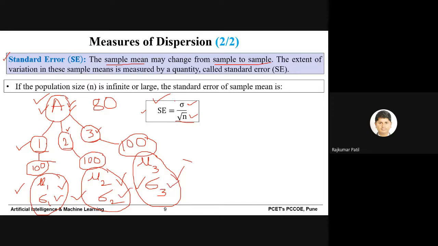And when we take the ratio, if it is observed that the standard error is nearly the same for all the three samples, all the three shifts, 1, 2 and 3, then we say that the quality of the component is up to the mark.